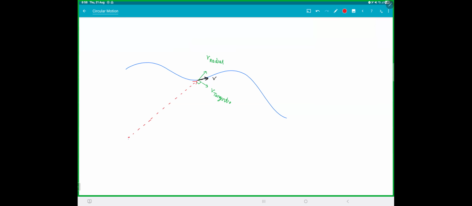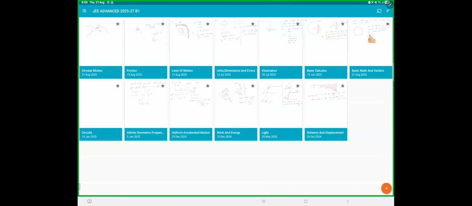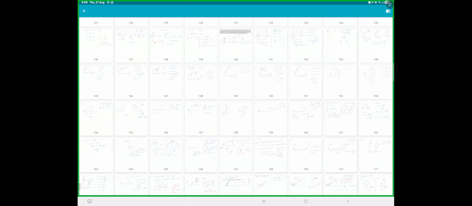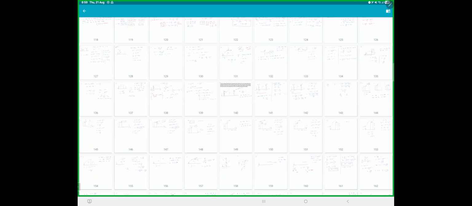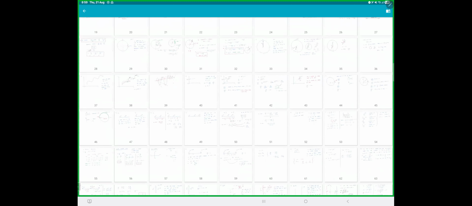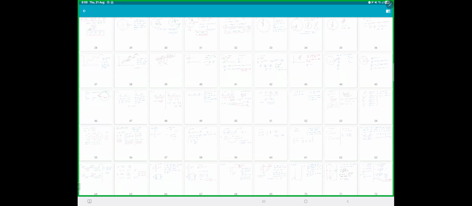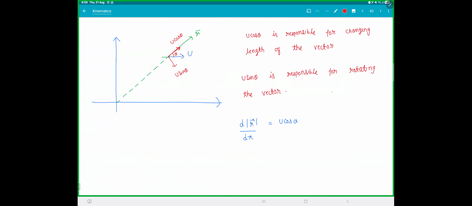Anyone remember where you have done something like this? Kinematics. Told you this will come again. Remember this? d mod r by dt.